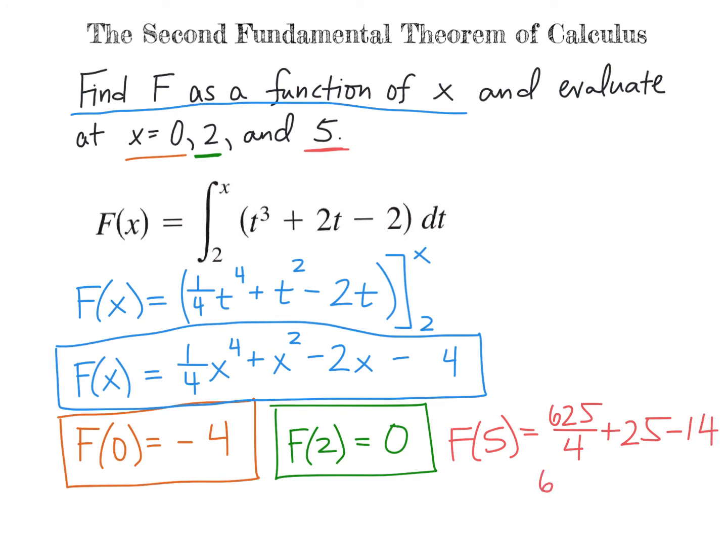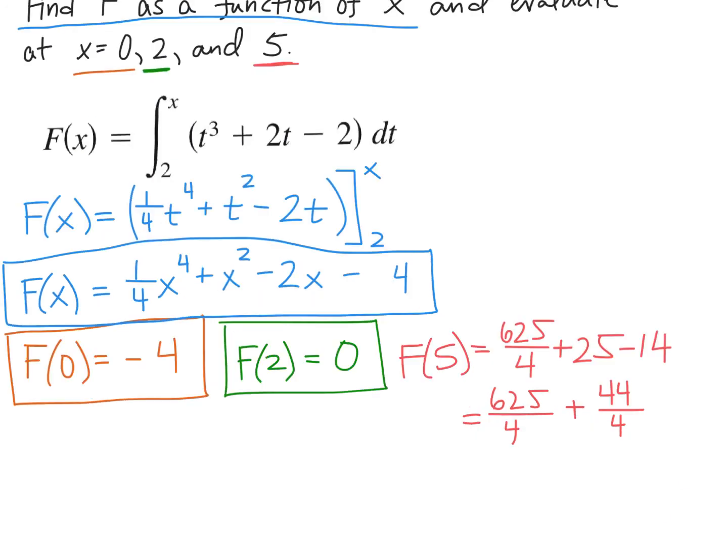When we simplify this, we'll have 625/4 plus, let's see, 11. 11 is really 44/4 to get a common denominator here. And therefore, our final answer is 669/4. And that is what f of 5 is.